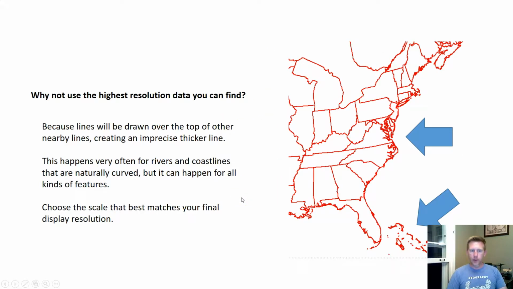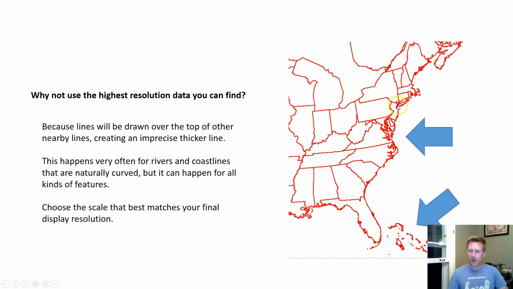So the question is, why not use the highest resolution data that you can find? Well, the reason is that when you take high resolution images and you zoom in and zoom out on those, you're going to get some sort of overwriting of lines. Especially on the coastline here, these lines sort of double back on themselves.